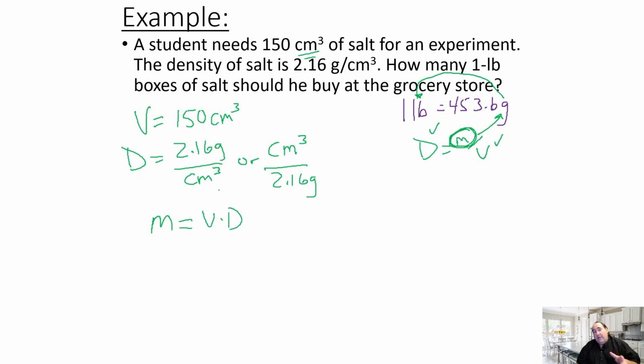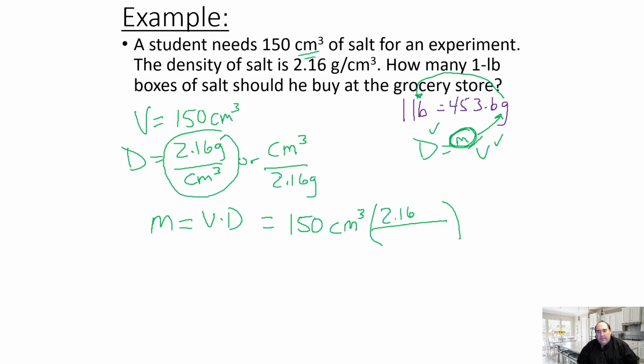I'm going to set this up more like a dimensional analysis problem. So I'm going to take my volume, which is 150 cubic centimeters. I'm going to go opposites here. So I want cubic centimeters on the bottom. So we're going to go 2.16 grams per cubic centimeter.